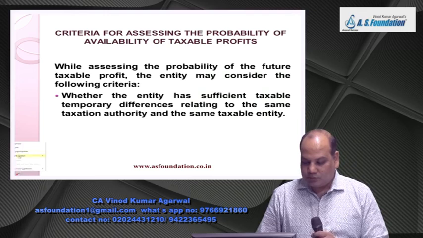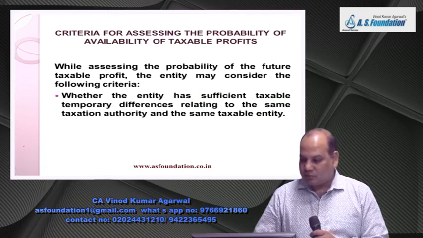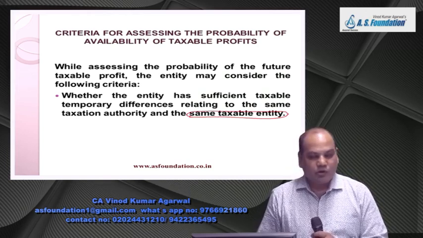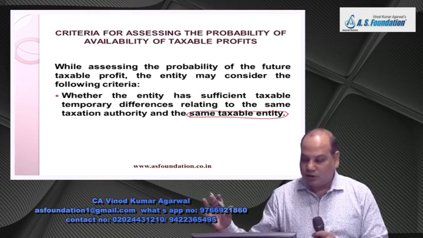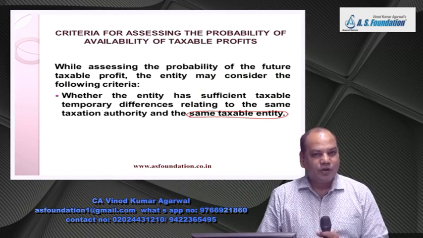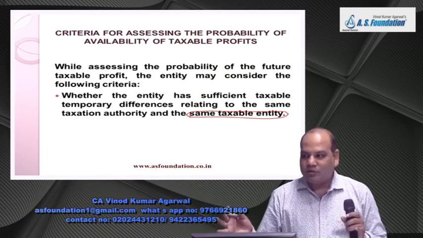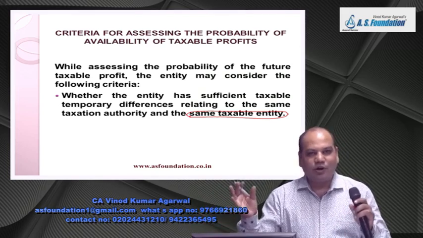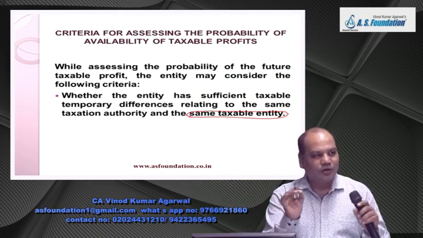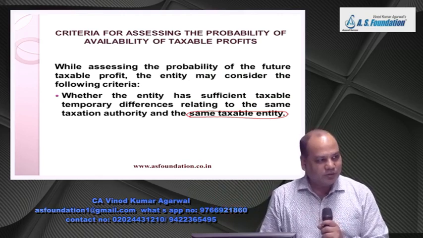What is the meaning of same taxable entity? This may be required at the time of consolidation. Because in case of consolidation, DTD may be for one entity and TTD may be for another entity. Income tax laws do not check tax liability on a group basis. Income tax law charges tax on individual entities.